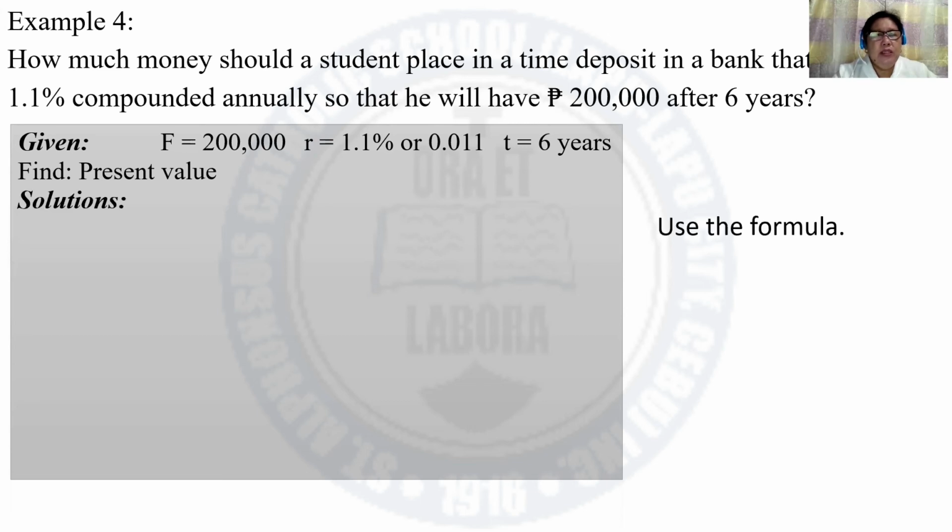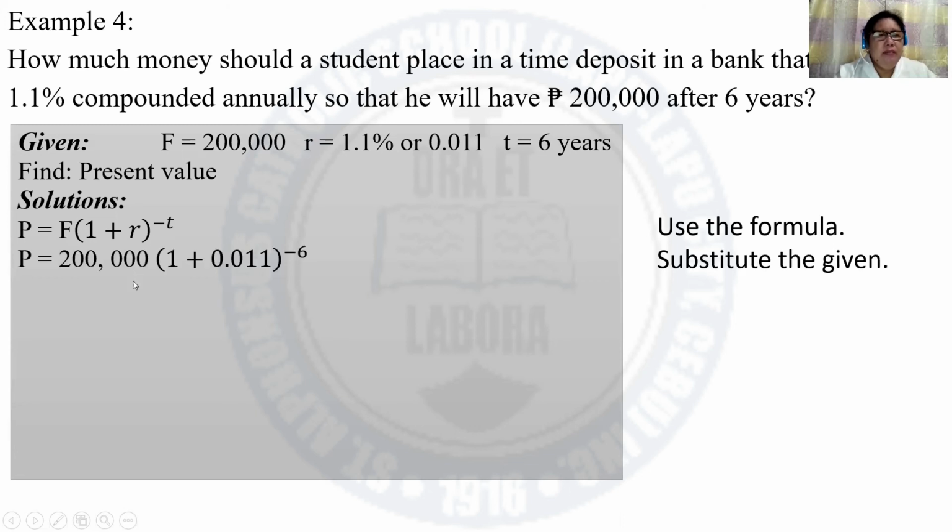And for the solutions, first we have to use the formula. You may use this formula with a negative T. And then substitute the given. Then we have 200,000 times the quantity 1 plus 0.011 raised to negative 6. And simplify, then we have 200,000 times 1.011 raised to negative 6.